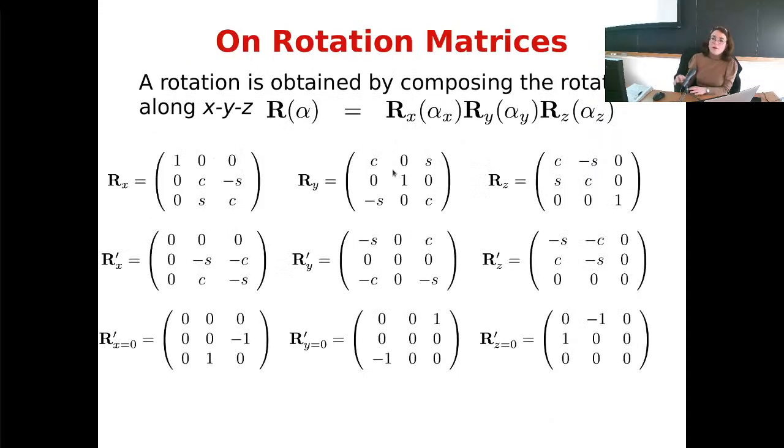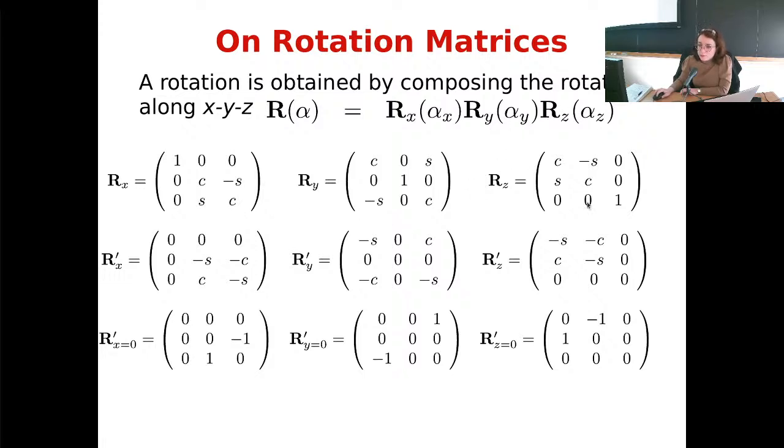Okay, now, rotation matrices. This slide is for recalling that a rotation matrix can be decomposed into the product of a rotation matrix along the x-axis, the y-axis, and the z-axis.